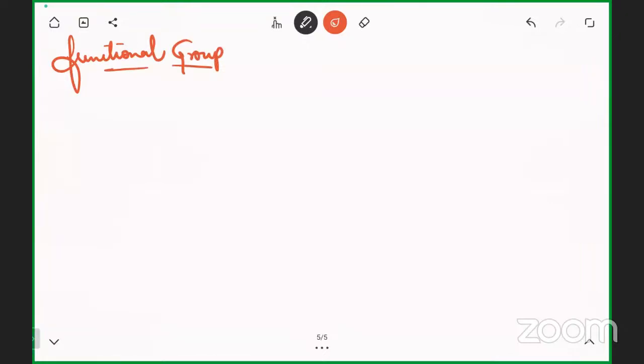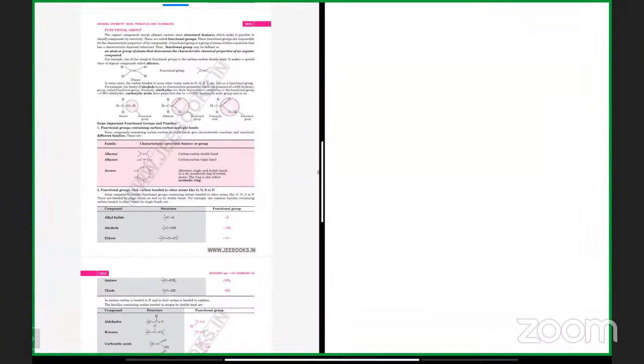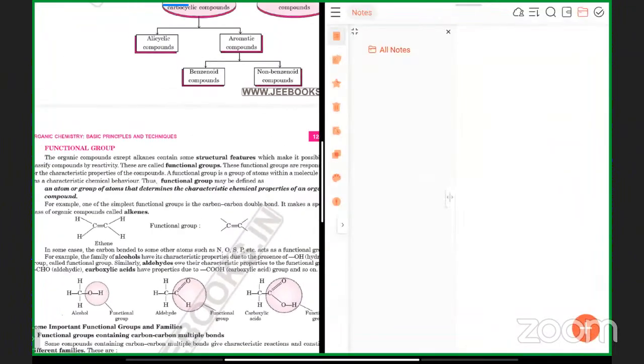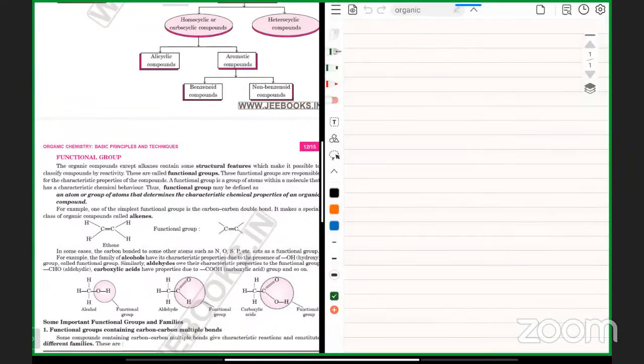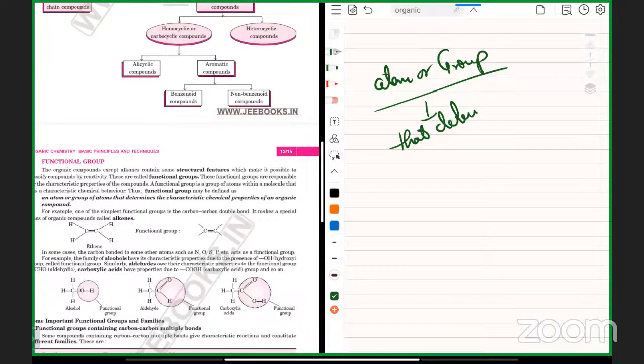What are functional groups? Anyone? See, in the left side you can see a book, and these are atoms or groups that determine the chemical properties. That's it.